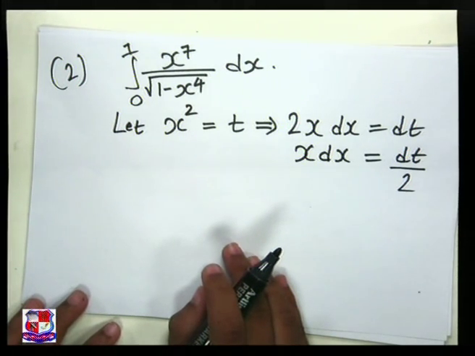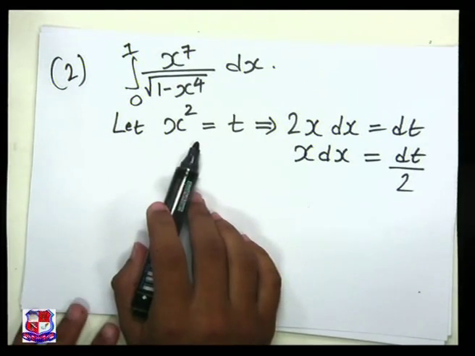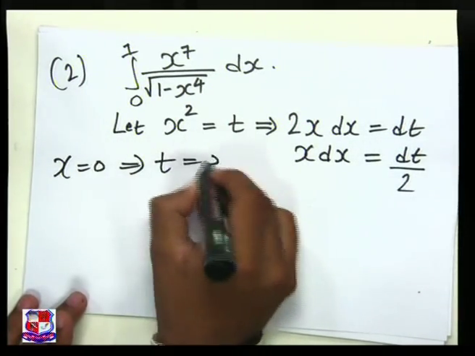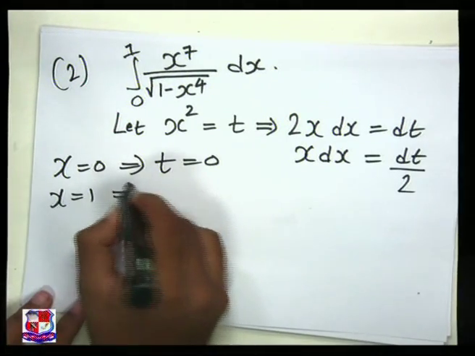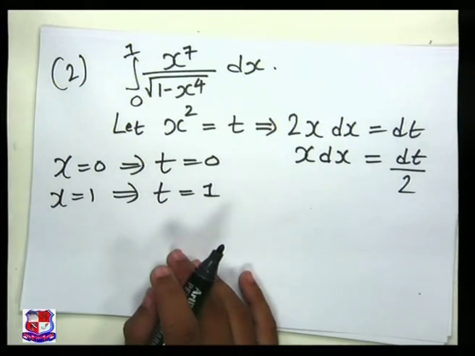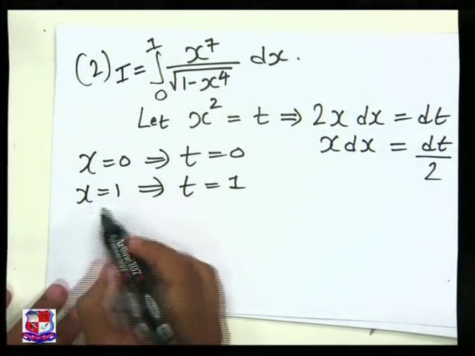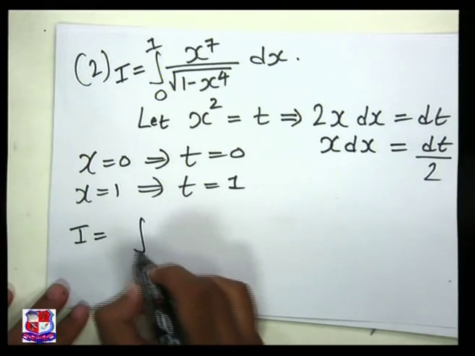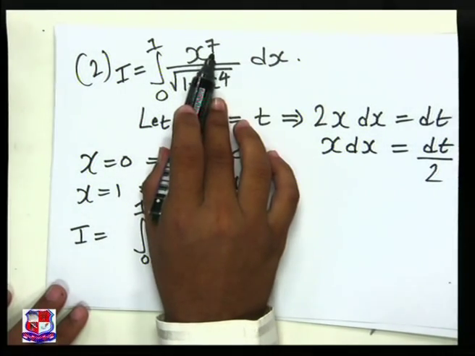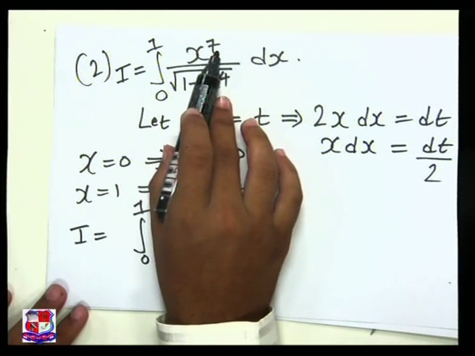Now when x is equal to 0, t is also 0, and when x is equal to 1, t is also 1. If this is I, then I is equal to the integration from 0 to 1, and x raised to 7 can be written as x raised to 6 into x.